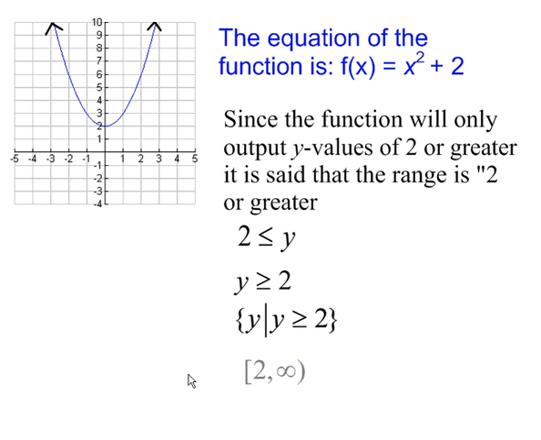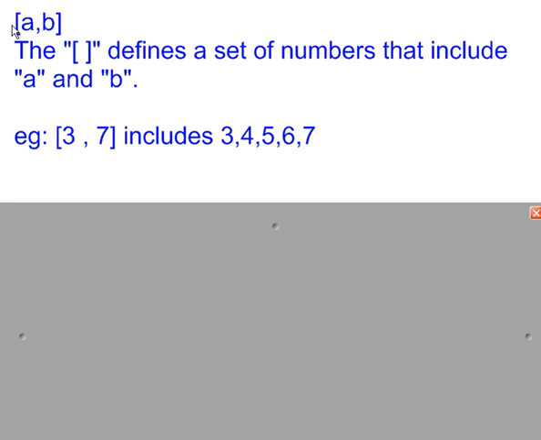Now this one you might not be familiar with, so let's talk a little bit about what this bracket and this parentheses means. So let's talk about the brackets first. As an example, I have open bracket a comma b close bracket. The bracket symbol defines a set of numbers that include a and b.